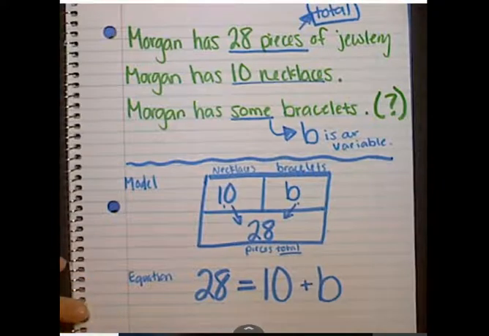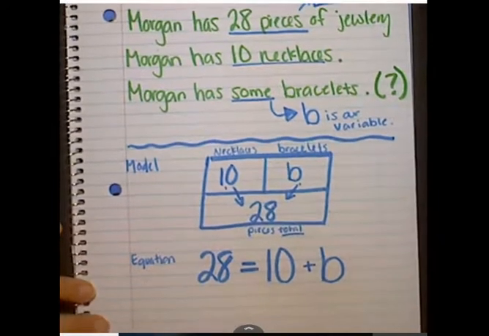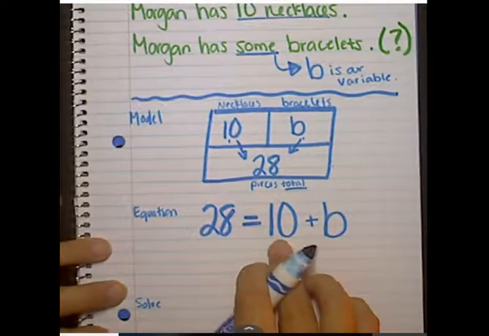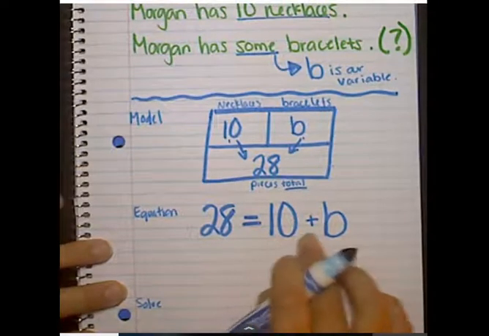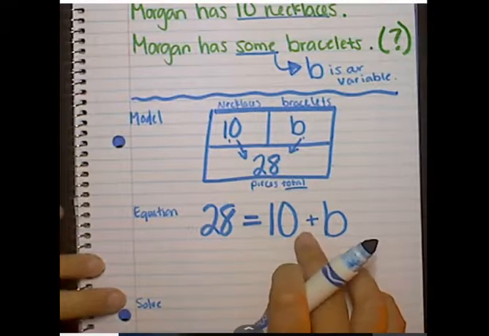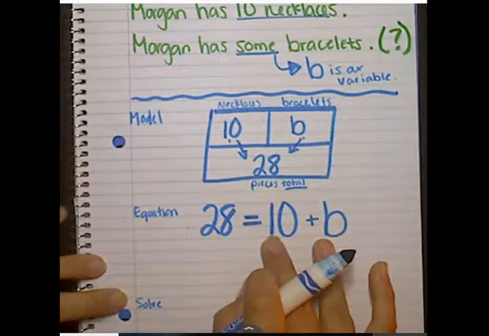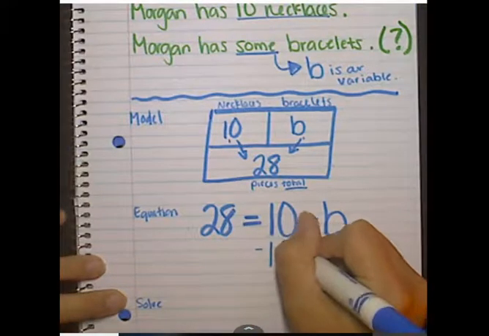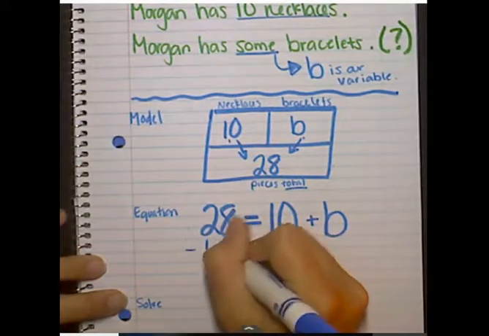If we wanted to solve, let's see how we would do that. I know that I need to do the opposite of whatever operation I see here. So I can't combine these, I'm going to have to subtract. So I'm going to take away 10 from each side.